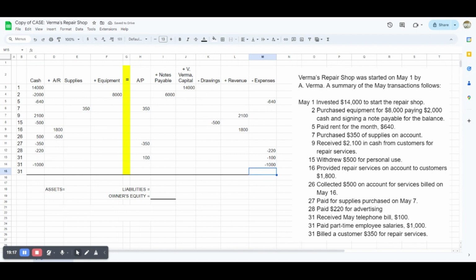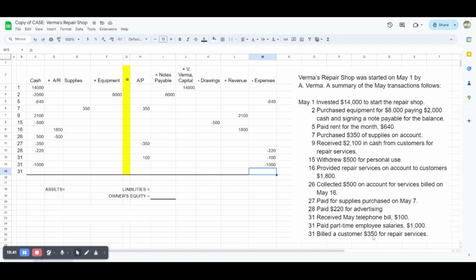Okay, now for the last transaction, billed a customer $350 for repair services. This customer is not going to pay you right away since you billed them. This means that the customer owes you $350 because you already did the repair services, but they have not paid you yet.